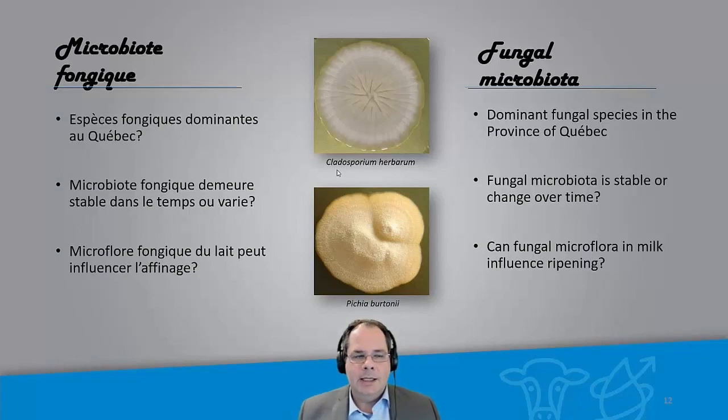The goal of this project at the time was to establish what fungal species were dominant in Quebec milk, and we wanted to map the species that were present in different locations. We also wanted to verify an assumption to ensure that the fungal microbiota was stable in time or if it varied based on time.